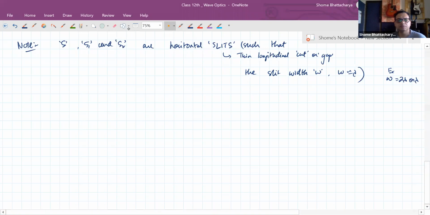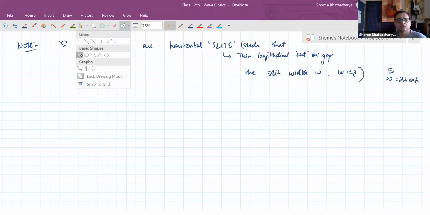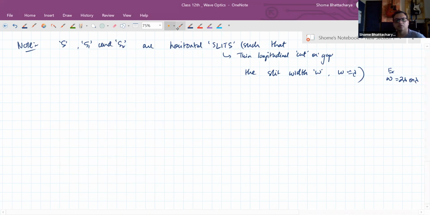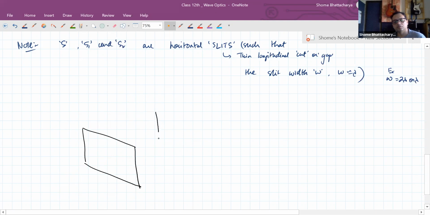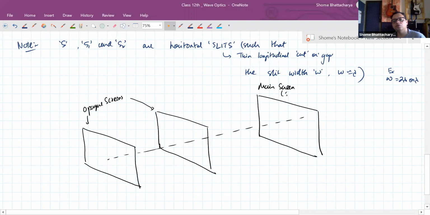So if I want to look at this experiment or understand this experimental setup, it's basically like this. These are opaque screens, and this is the main screen for observation.